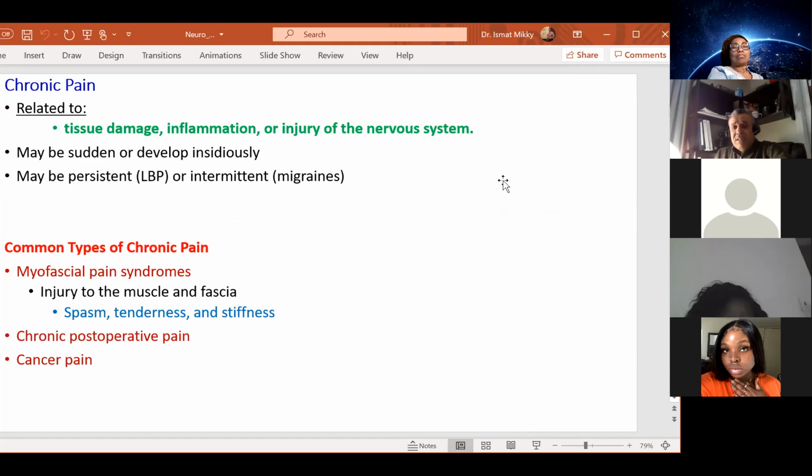Chronic pain, we said, is related to or due to damage or inflammation to the tissues or injury of the nervous system. And usually it's defined as lasting at least 3 to 6 months, then we can call it chronic pain.